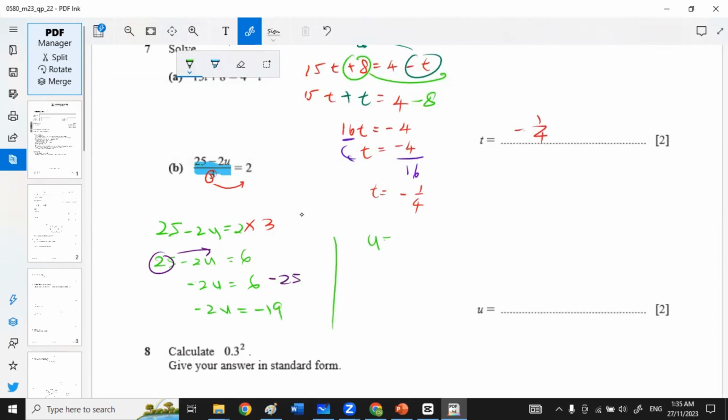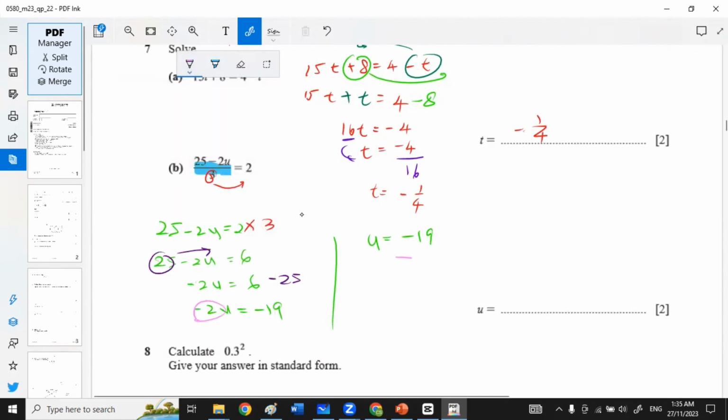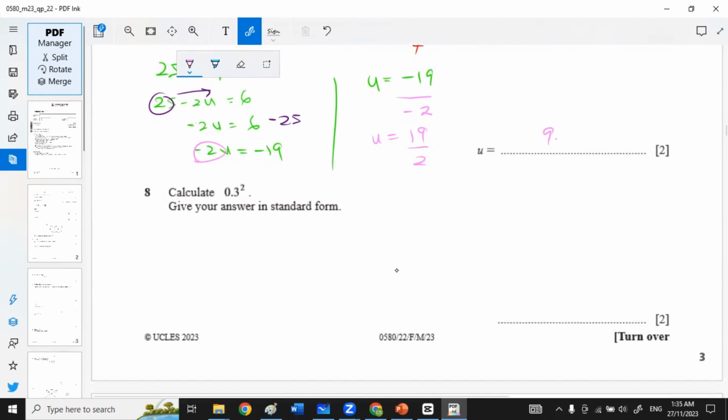So u equal to minus 19 over minus 2. 2 is times, therefore you divide minus 2. That will give you positive 19 over 2. We can put as 9.5.